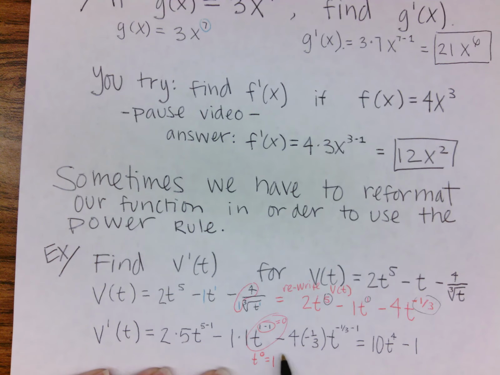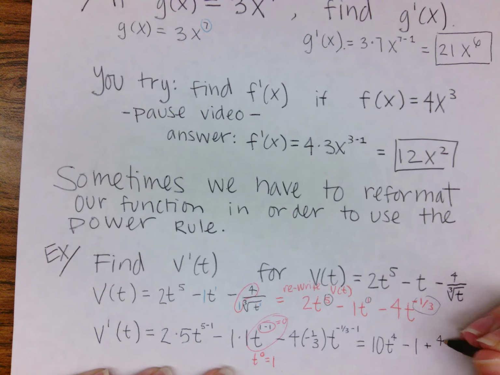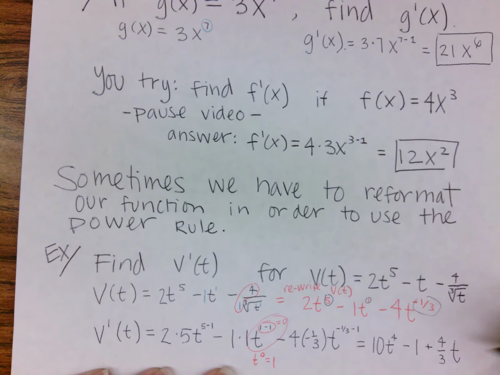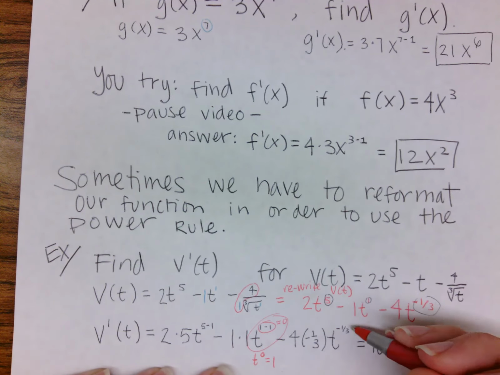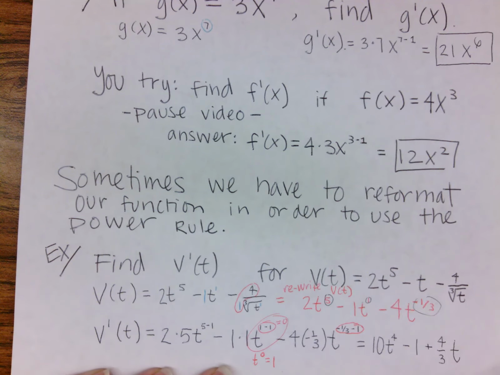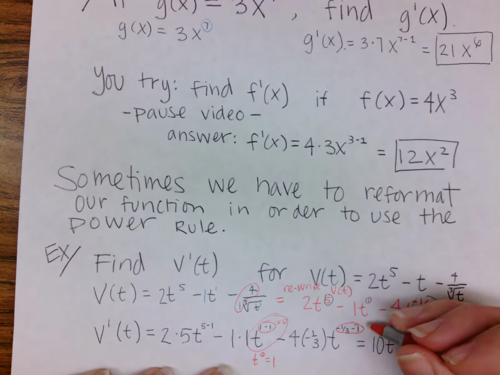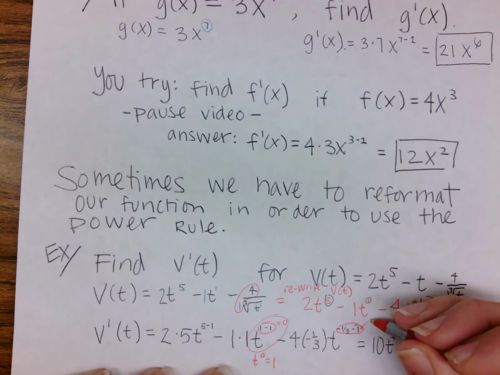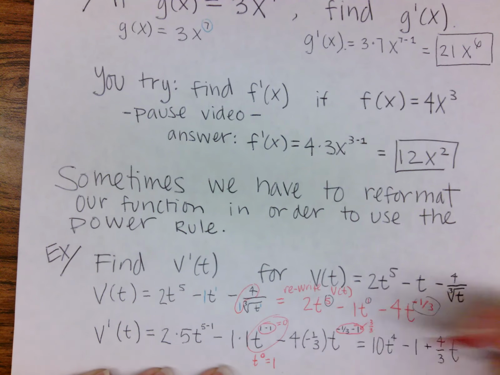Finally, I've got this last term here. I've got negative 4 times negative 1/3. A negative times a negative is a positive, plus 4/3 t to the power of, now I've got negative 1/3 minus 1 whole. 1 whole is the same as 3/3.